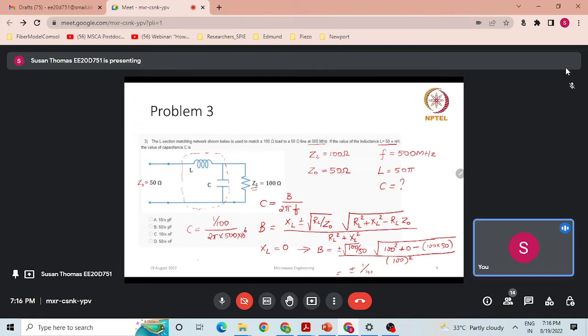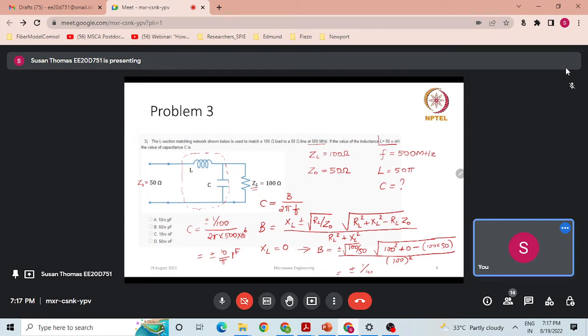This comes out to be plus or minus 10 by pi picofarad. If you could notice, the information on L was not needed.